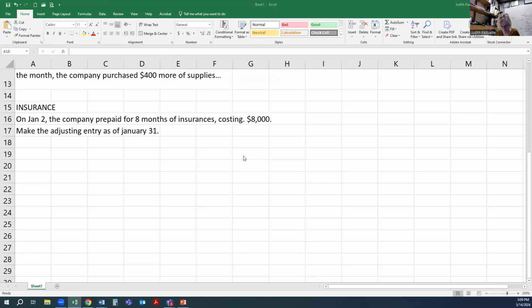What about the journal entry? What will that look like? So we want the adjusting journal entries, so there's no cash involved in adjusting journal entries.